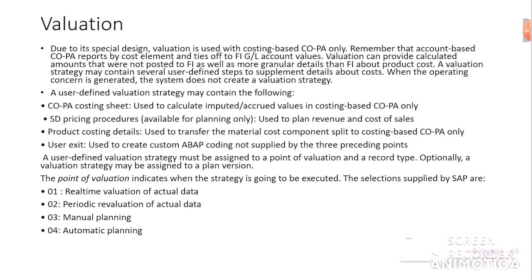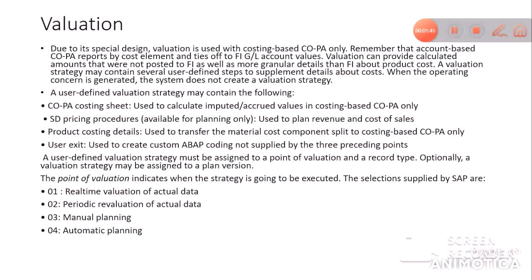When the operating concern is generated, the system does not create a valuation strategy. A user-defined valuation strategy may contain the following: COPA costing sheet, used to calculate imputed or accrued values in costing based COPA only. SD pricing procedures, available for planning only, used to plan revenue and cost of sales.